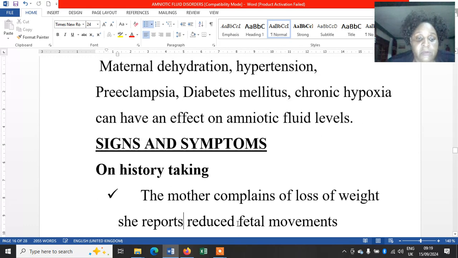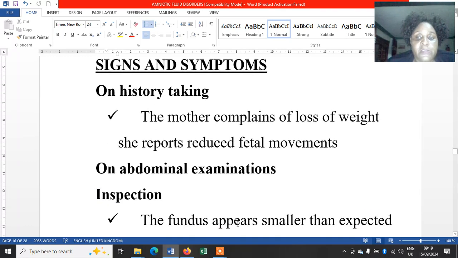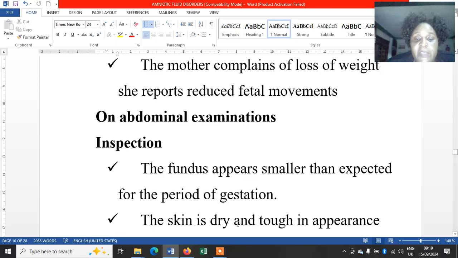Signs and symptoms. On history taking, the mother will complain of loss of weight, and she will report reduced fetal movements. On abdominal examination during inspection, the fundus will appear smaller than expected for the period of gestation. Remember, in poly, the fundus looked greater than the expected weeks of amenorrhea.